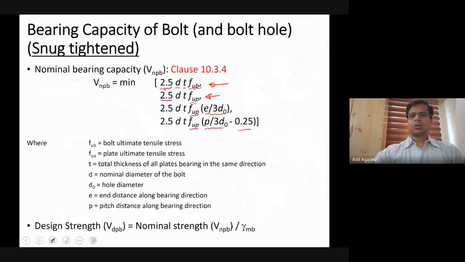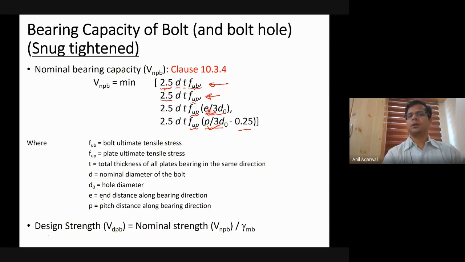Okay, so that's why you get a parameter E here and you get a parameter P here. E corresponds to end distance along the bearing direction, and P is the pitch distance along bearing direction. Yeah, so that divided by 3d0.